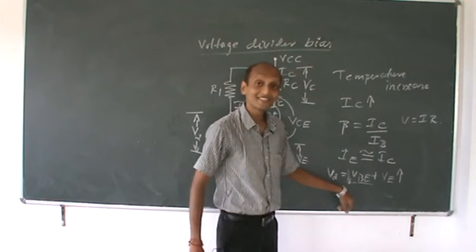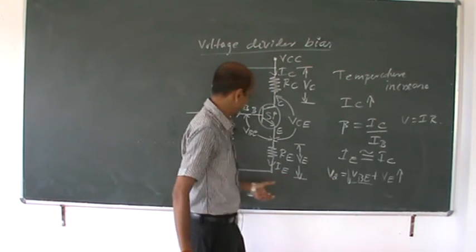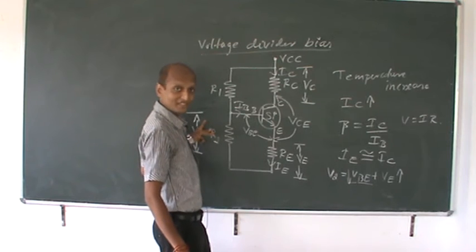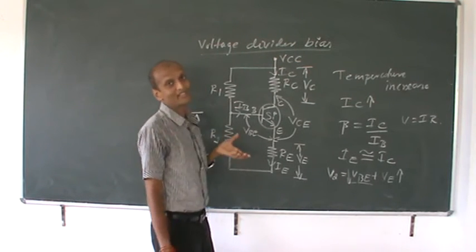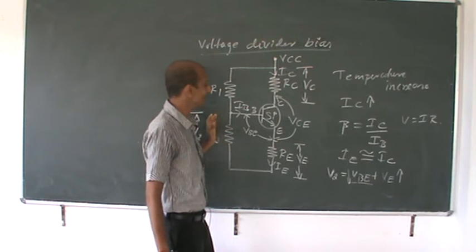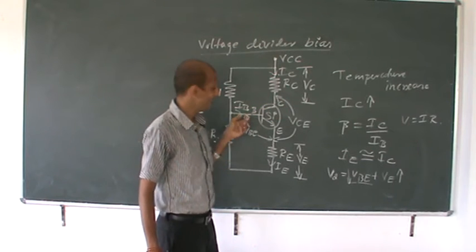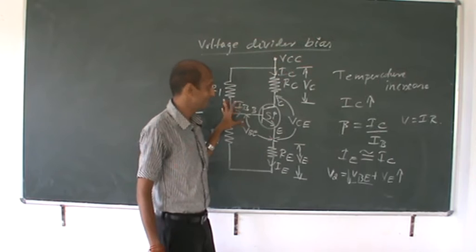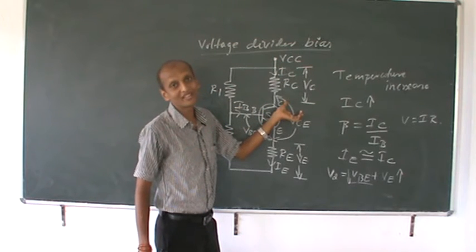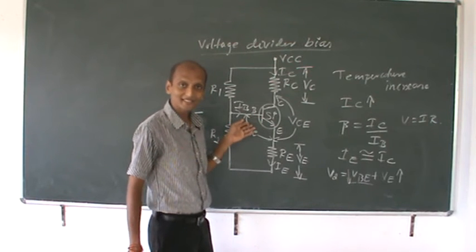As VBE decreases, V2 will remain constant. As V2 remains constant, the bias voltage is constant itself. Then IB will be the same, and the output current will come back to its original value.